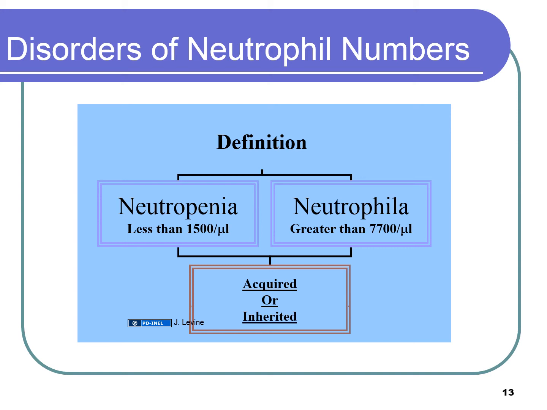Neutrophilia is when we have a greater number, more than 7,700 neutrophils per microliter, or neutropenia when we have less than 1,500 cells per microliter. And as we know, either neutropenia or neutrophilia may be inherited or acquired.